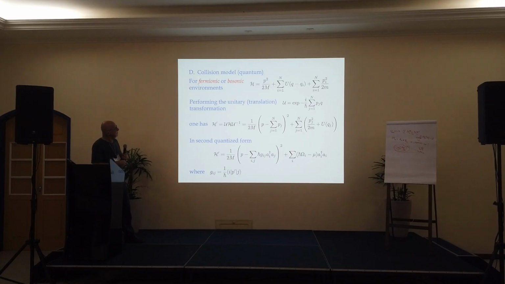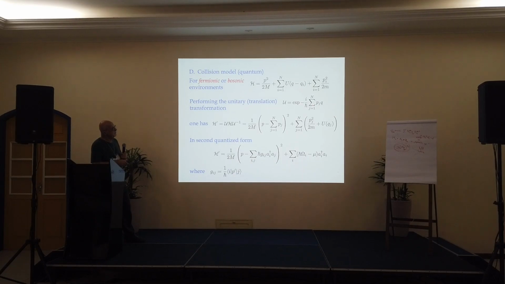If we make this unitary transformation given by that, and I will just change all these k's to k plus q, then in the end, the transformed Hamiltonian is given by something like this.